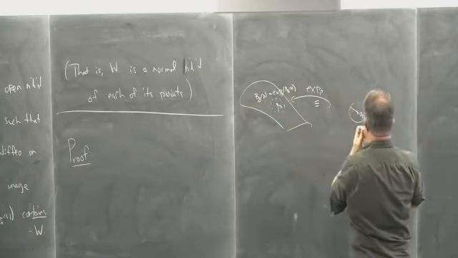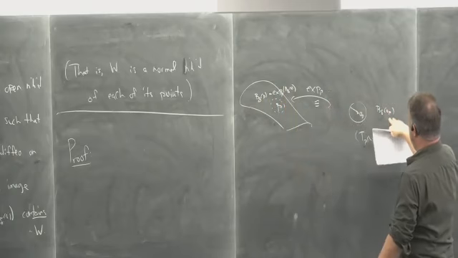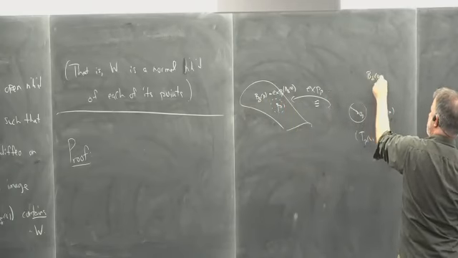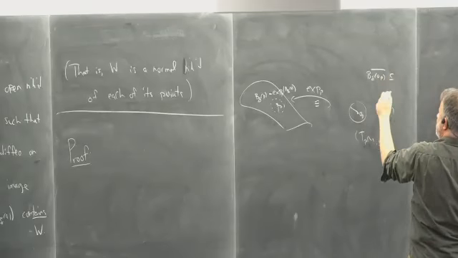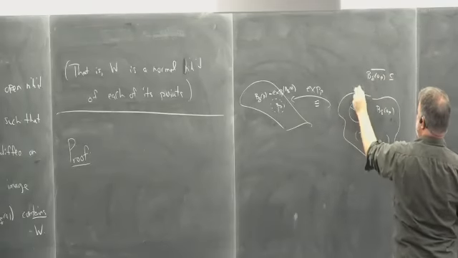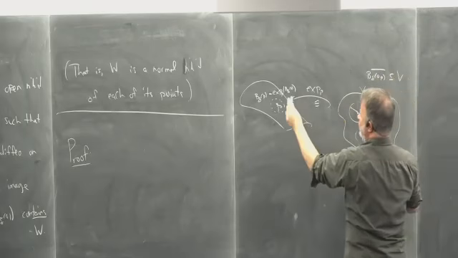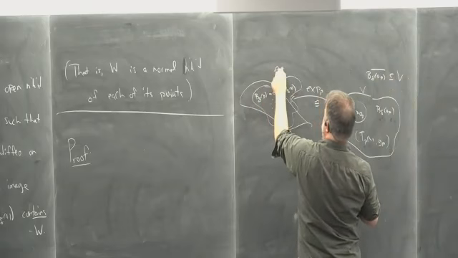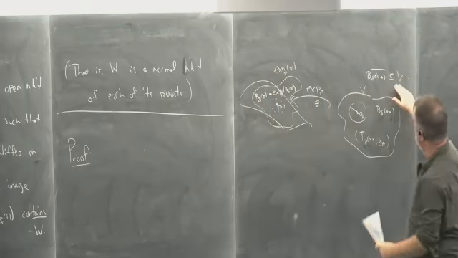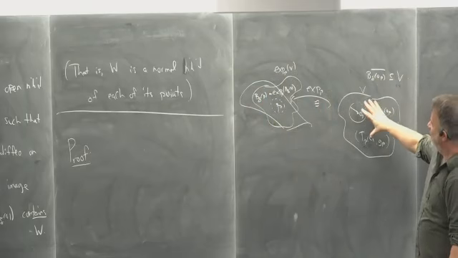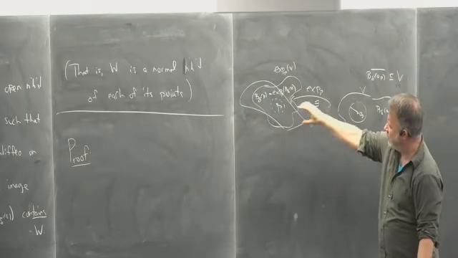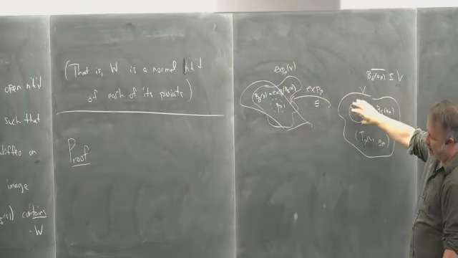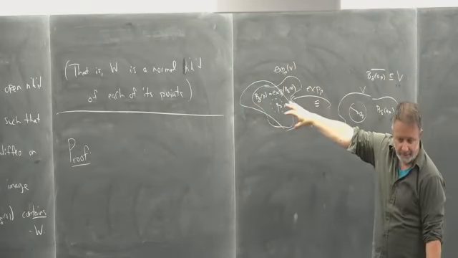What we want is for the closure to be inside V, where this is a diffeomorphism onto XP of V. So there's some neighborhood V where the exponential map is a diffeomorphism onto its image, and we can choose a ball whose closure is contained in that neighborhood, and the image of that is called a geodesic ball.